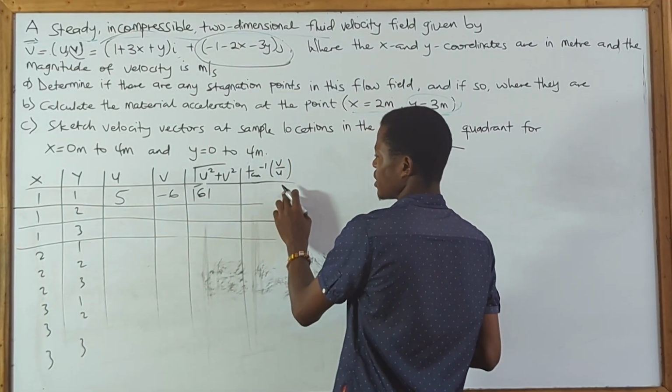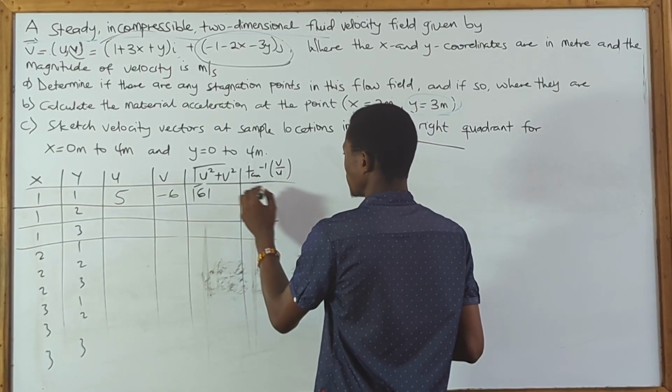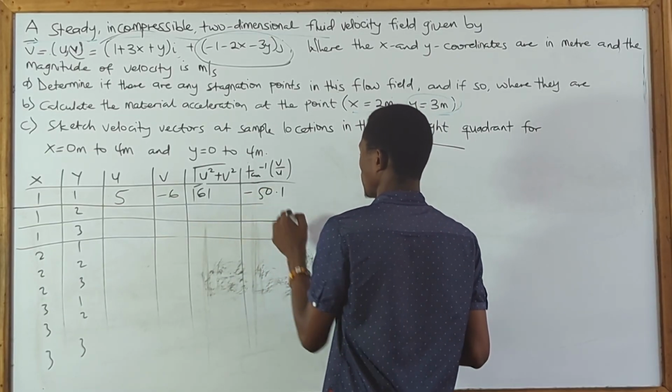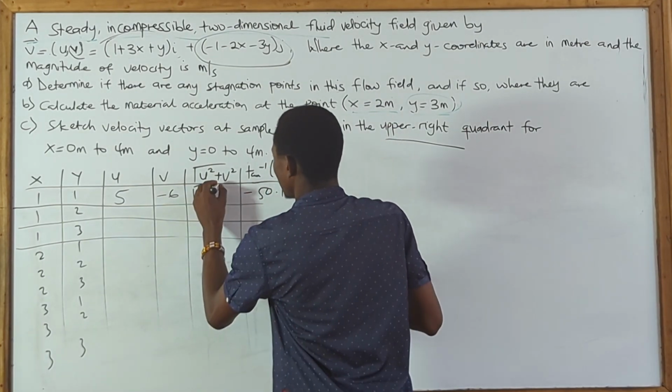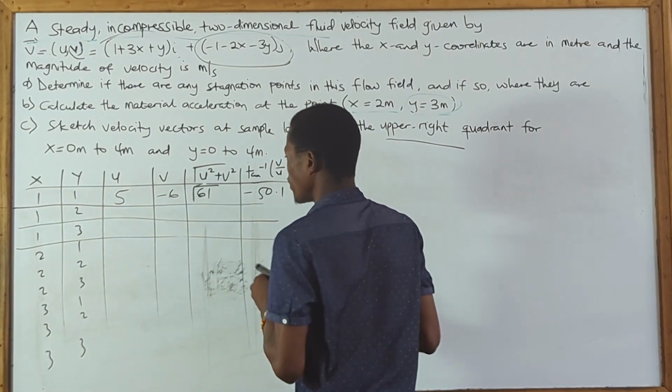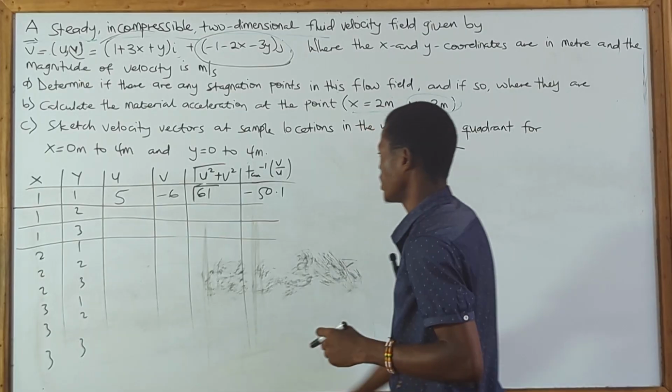Then you find the inverse tangent of that, so you are going to get something about 50.1 or so. So you do that for the rest of the points.